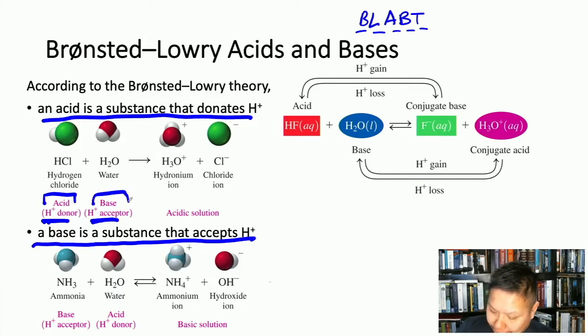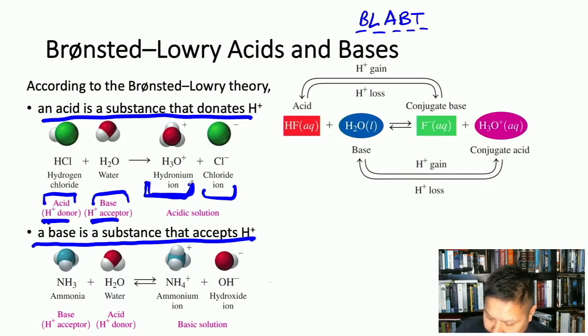On the other side of the reaction arrow, we then have water accepting the proton, becoming H3O+, also known as the hydronium ion, and the chloride ion. So that's the distinction between Arrhenius acid-base theory and Bronsted-Lowry acid-base theory. We get this thing called the hydronium ion because water can act as a base.